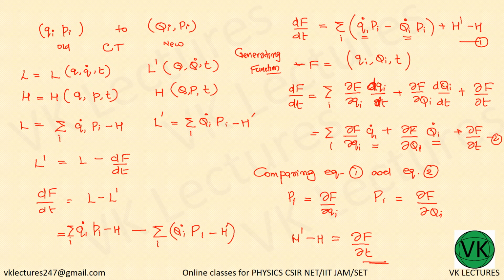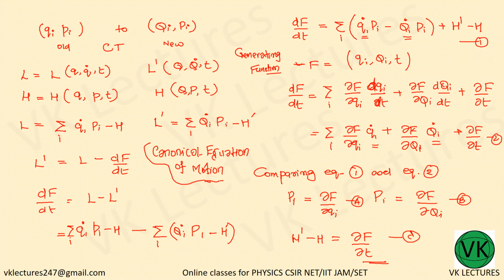Now let us label these equations A, B and C. These equations are called the canonical equations of motion.